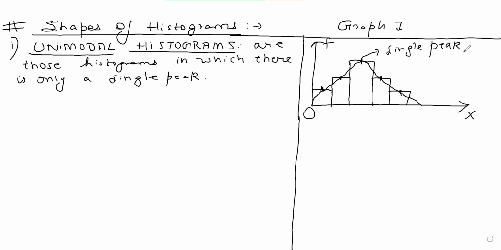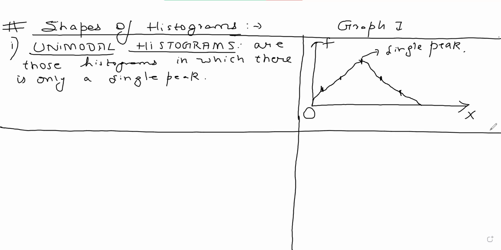I can now remove the rectangles, which were just drawn to make the concept clear. Without the rectangles, it's literally a curve with only one single peak. This is called a unimodal histogram.